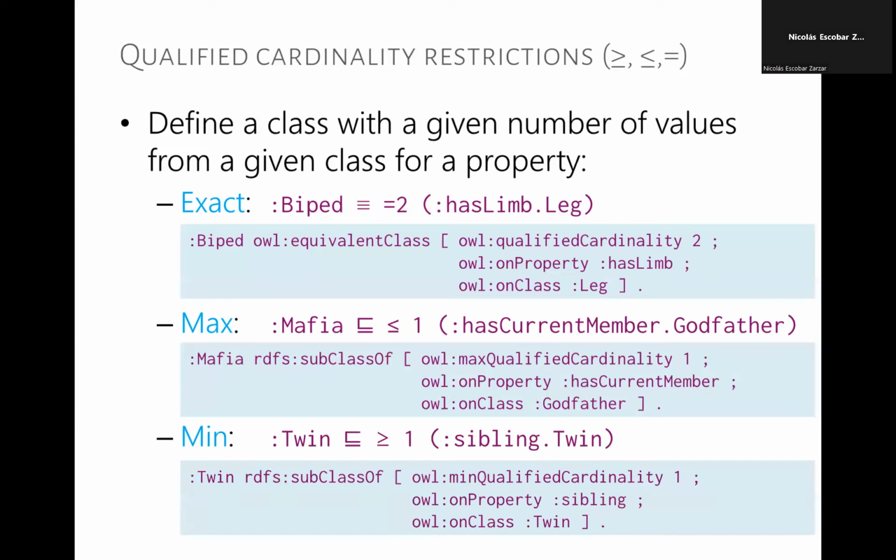So you can have more siblings, but you must have at least one sibling that is a twin. And this then is very similar to some values from. When this is set to 1, this is equivalent to some values from. But we can also have min qualified cardinality of 2 or 3 or 4 or 5.